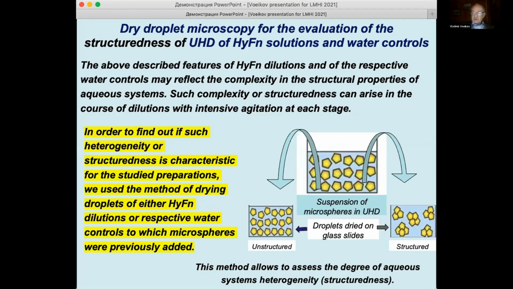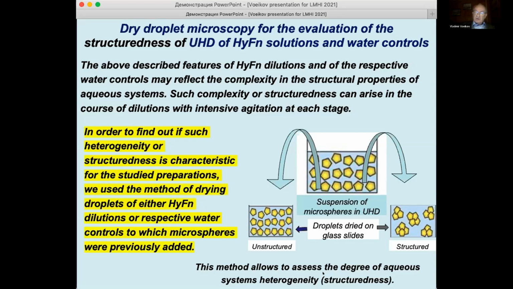In order to find out if such heterogeneity of structuredness is characteristic for the studied preparations, we use the method of drying droplets of either hydrated fullerene dilutions or respective water controls to which hydrophilic microspheres with diameters of about 1-2 microns were previously added. So we added microspheres to different ultra-high dilutions of either hydrated fullerenes or control water, then took droplets from these suspensions and dried them on glass slides.